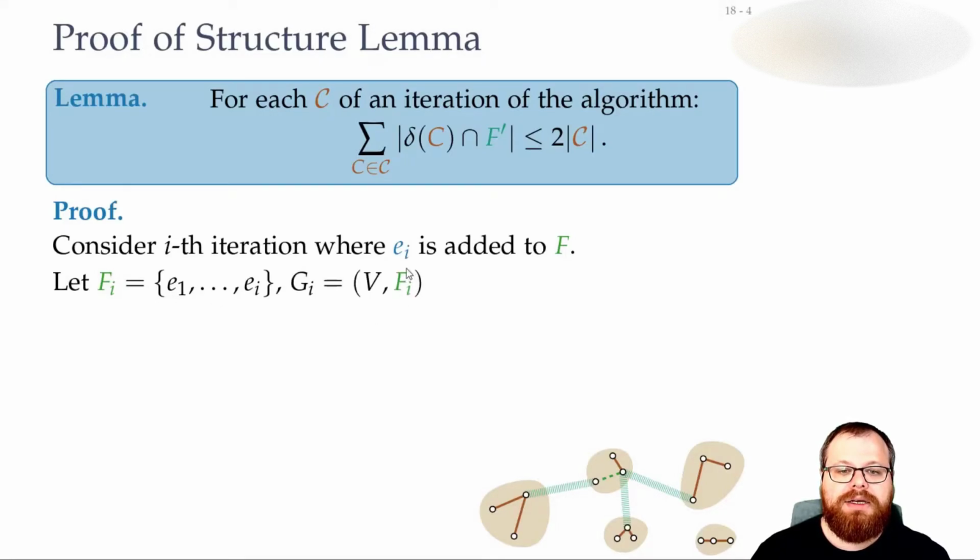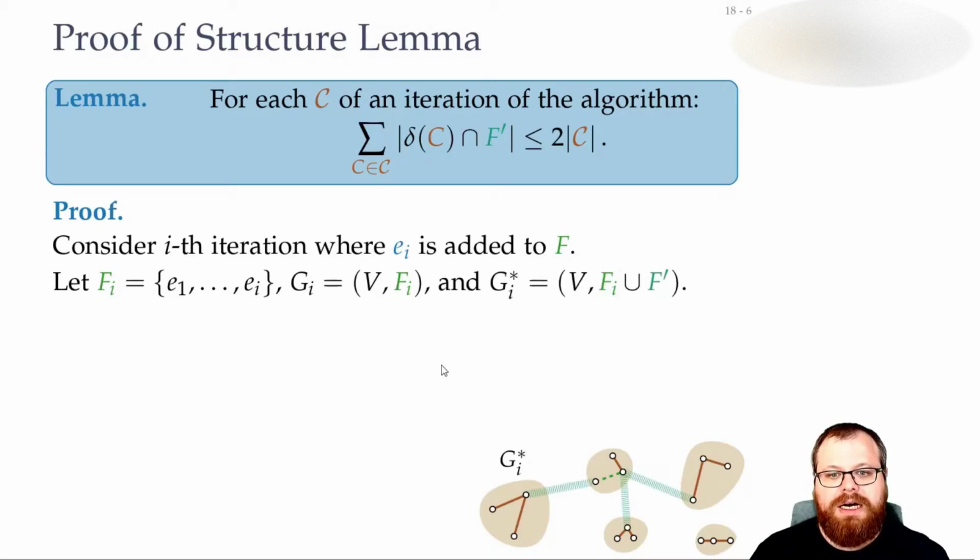The graph G_i that contains only these edges is this graph here, and here are all the connected components that we need later. These are the brown ones. And then we also have the graph G_i star. This is the same one, but here we also add the edges that will be added later and that are in F'. We don't add the edges that will be added later but then pruned again.